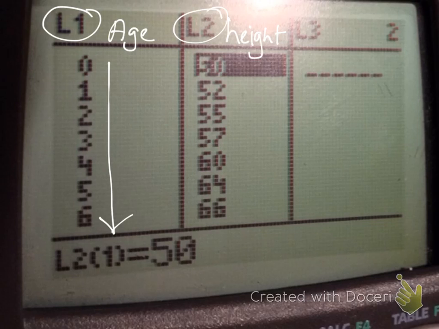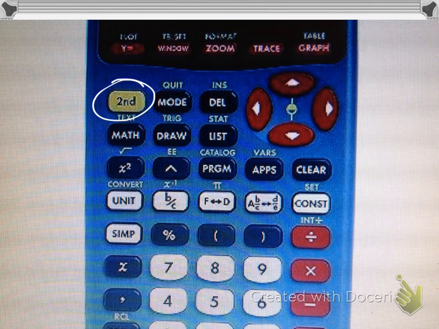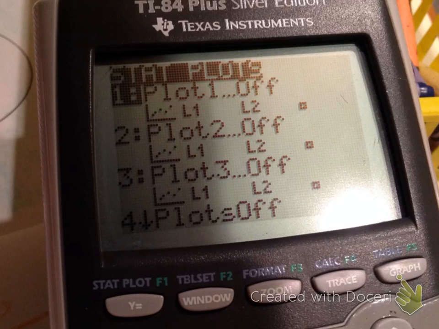Okay, now you've typed in all this data, and now you're going to push second, and then y equals. That'll take you to your plots. You're going to plot your data. You just typed in all that data. Now we got to plot it, okay? So that'll take you to this screen right here when you do second y equals.